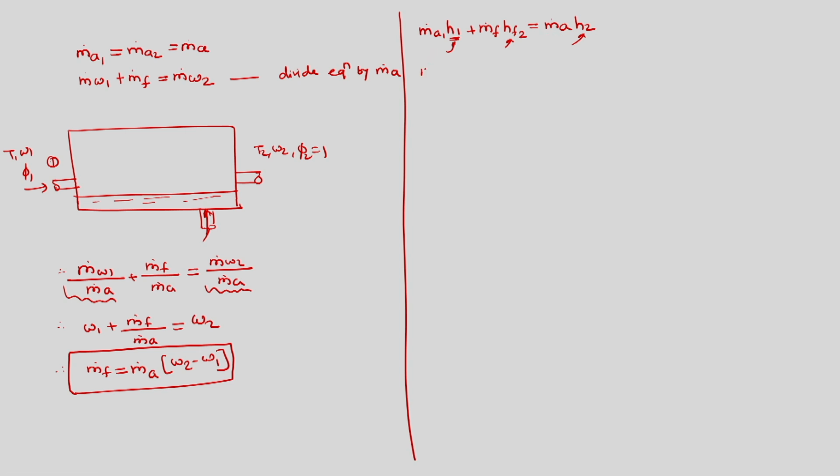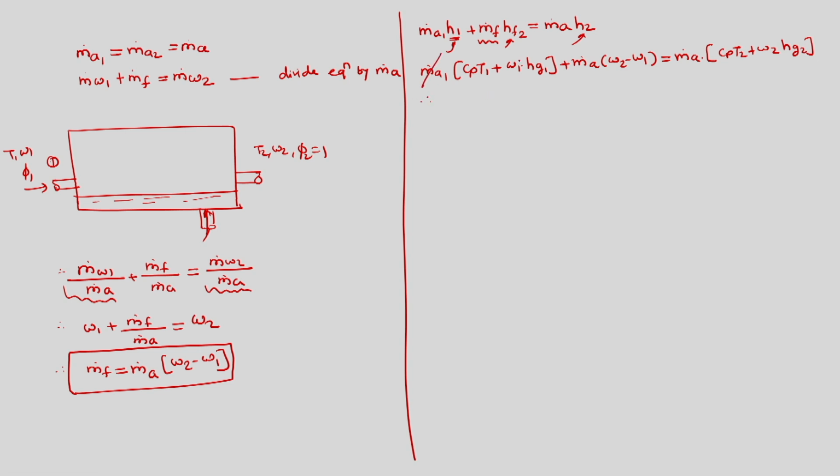Then this becomes m dot A times Cp T1 plus omega 1 into Hg1 plus, we know now what is m dot F, and that m dot F is equal to m dot A into omega 2 minus omega 1, is equal to m dot A into Cp T2 plus omega 2 into Hg2.